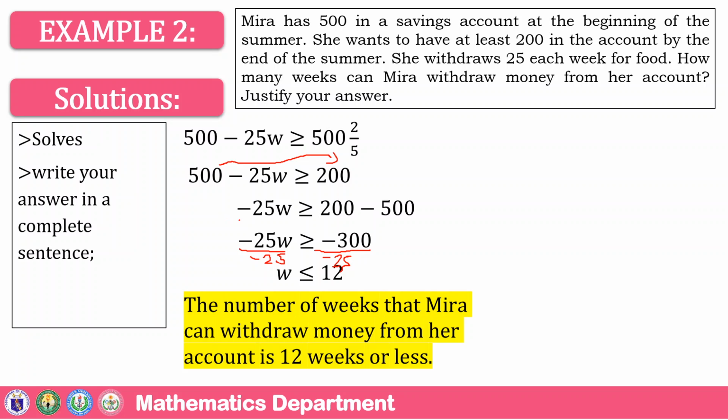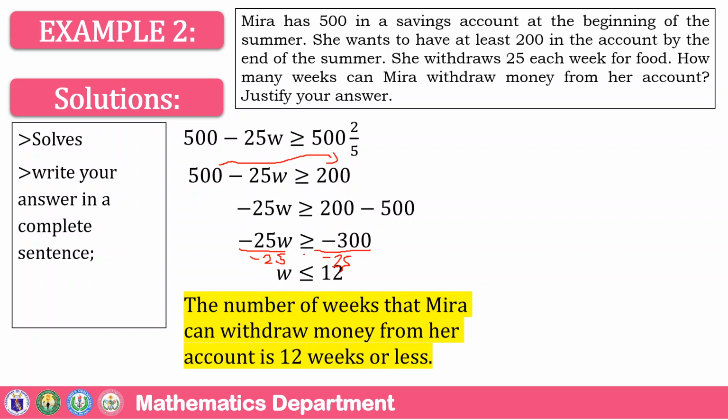So, kung meron tayong less than or equal, magiging greater than or equal. Itong problem natin, meron tayong greater than or equal. Ibig sabihin, nag-divide both side tayo by negative 25, so naging less than or equal na lang siya.